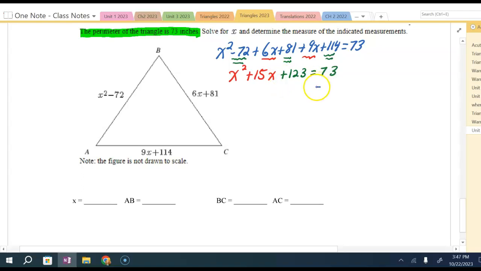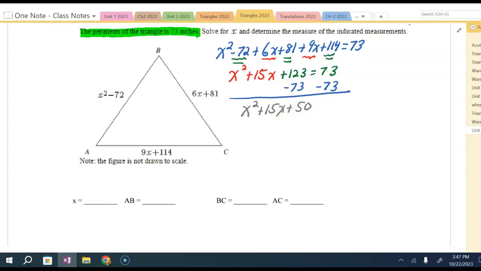In algebra, we talked about we need to set this equation equal to 0 because there is a b term. So you get x squared plus 15x, 123 minus 73 is 50. And then we need to think of numbers that multiply to 50 and add to 15.